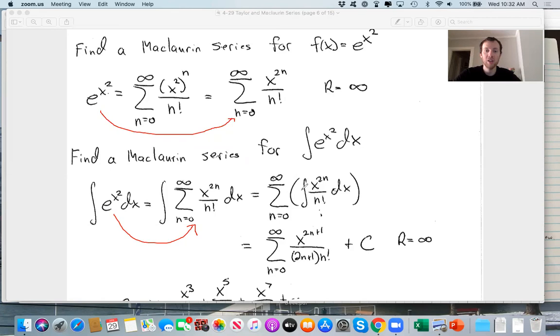And if we integrate x to the 2n over n factorial, this is a power rule problem. The n factorial on the bottom doesn't do anything. We apply the power rule to x to the 2n. So we increase that exponent by 1 and divide by that new exponent. And there's a plus c now.